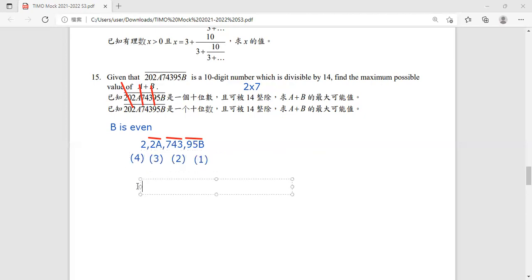Now, what we do here is, the odd groups: 95B, or you can say 900 plus 50 plus B, minus 743, plus 20 plus A, and minus 2.